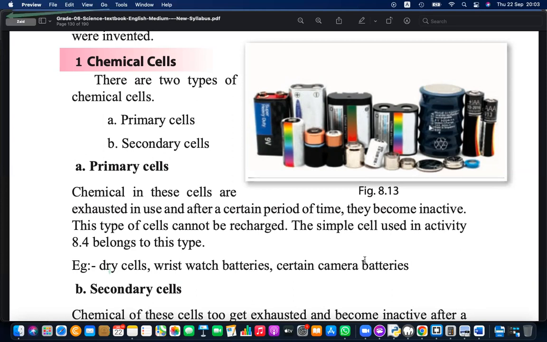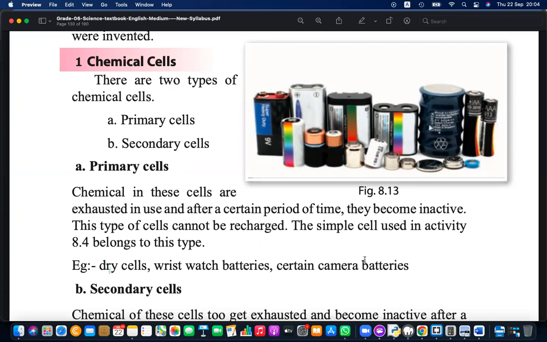For example, normal AA, triple A batteries, these normal batteries, basically non-rechargeable batteries, come under this. Or you can say the watch batteries, coin cell batteries, and camera batteries are in this category. You can use this and throw it away. You have to recycle, don't throw it away.